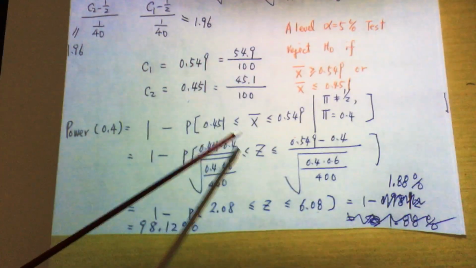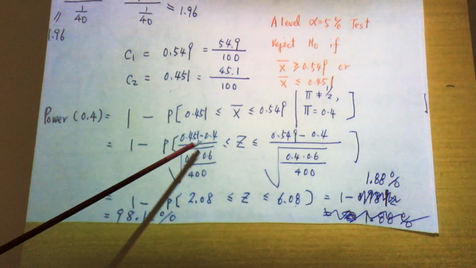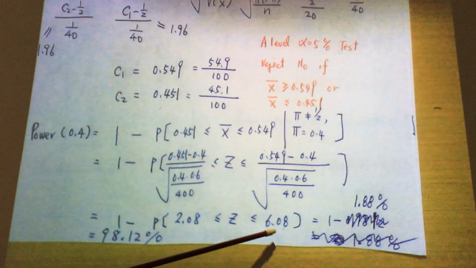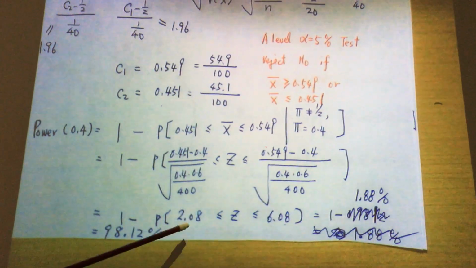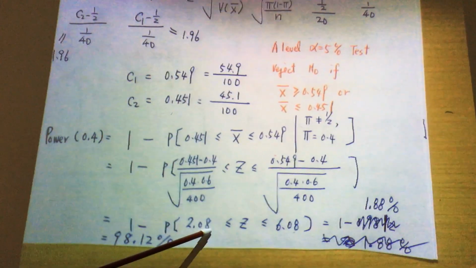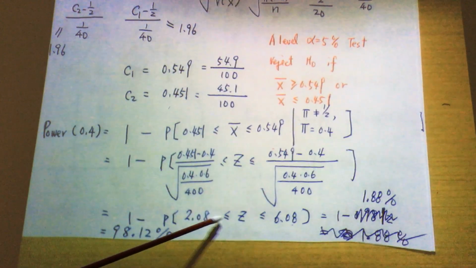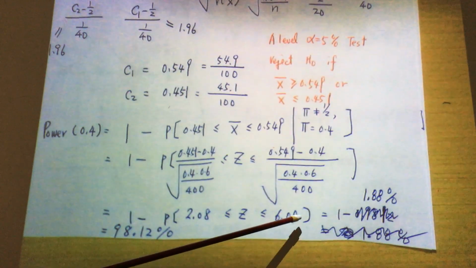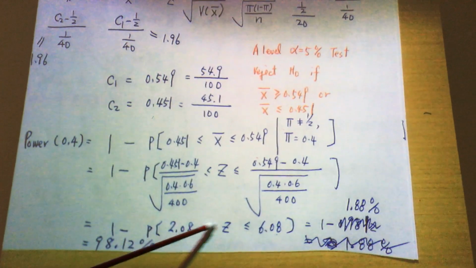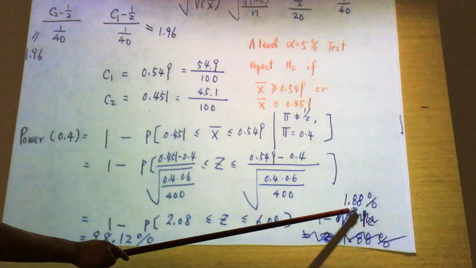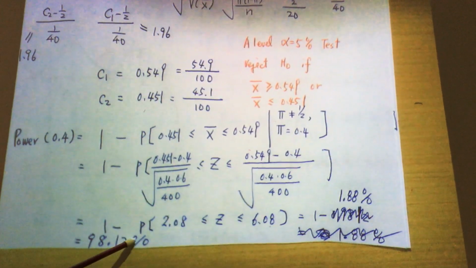And we standardize again, convert this to z-scores, upper limit and lower limit. The upper limit is 6.08, the lower limit is 2.08. Z-score between 2.08 and 6.08. That gives 1.88%. 1 minus that is 98.12%.